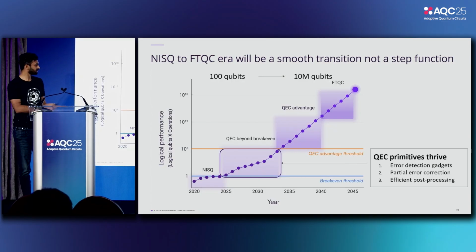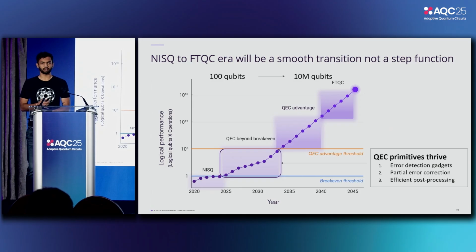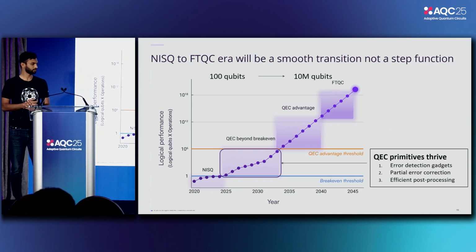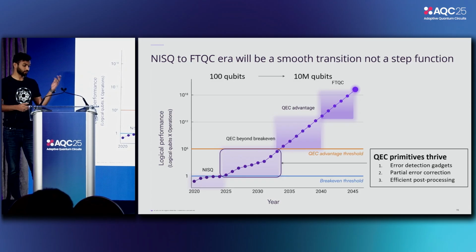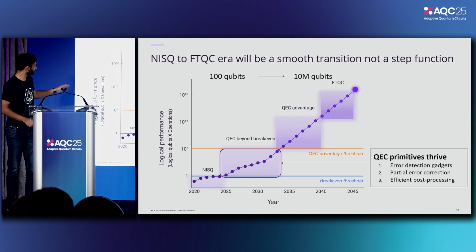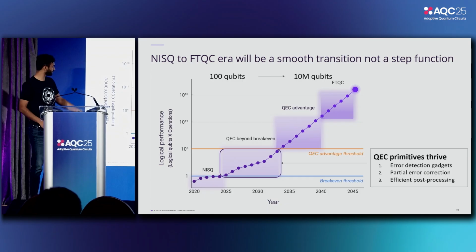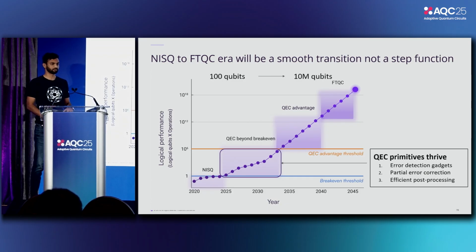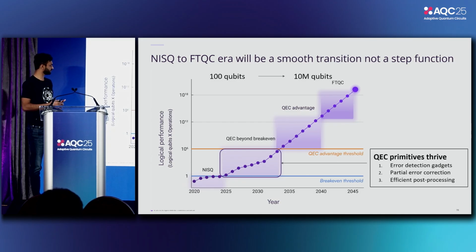So this is our view of computing in quantum for the next 2 decades. Some of you might think it's too optimistic, some might think it's pessimistic. The x-axis is the year, and the y-axis is the number of logical qubits multiplied by operations.